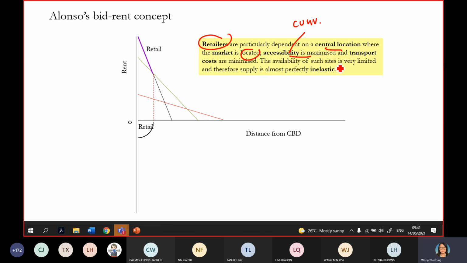So the availability of such sites is very limited. Therefore, supply is perfectly inelastic. So this area normally will belong to retail.